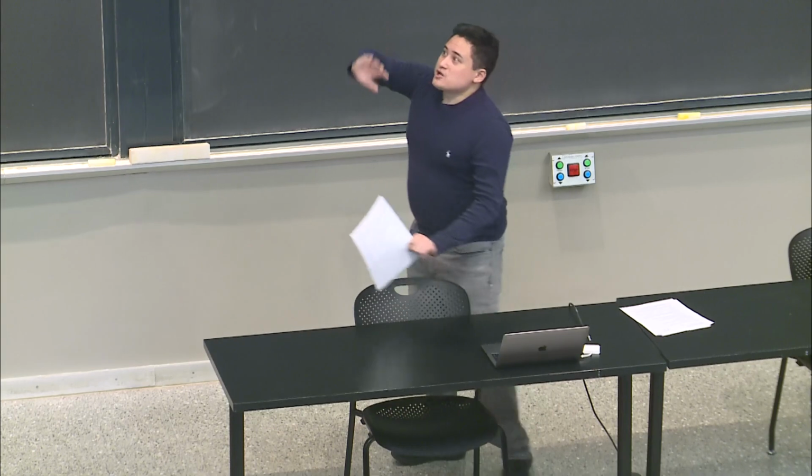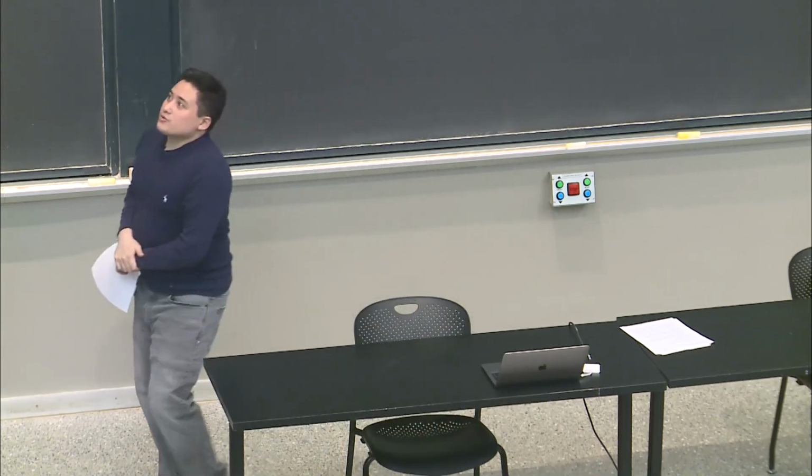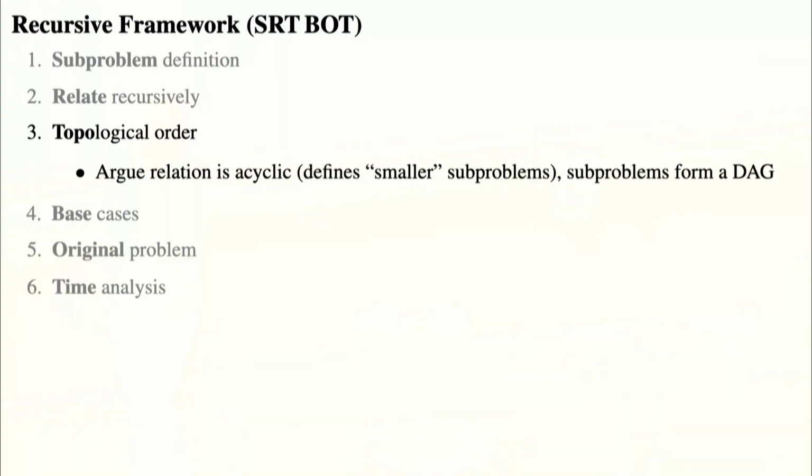Okay? So then, as we were talking about topological order, arguing that the relation is acyclic is essentially just defining what smaller means. When we say we're recursing on smaller subproblems, what does smaller mean? Usually, you're saying that some index or some parameter of my subproblem always decreases or increases. Sometimes that's not always the case.